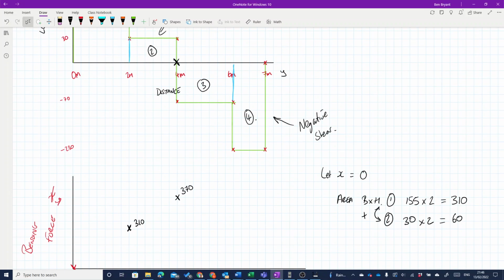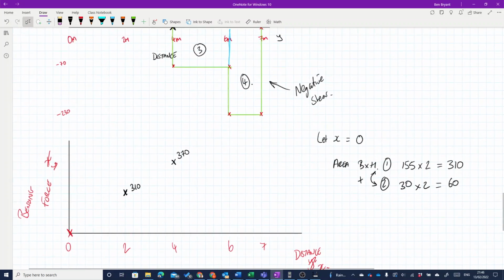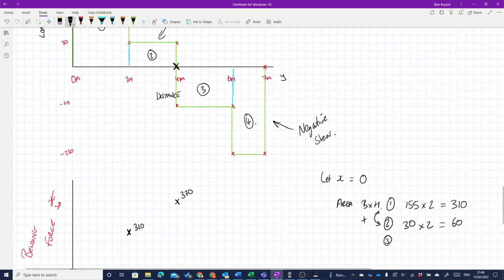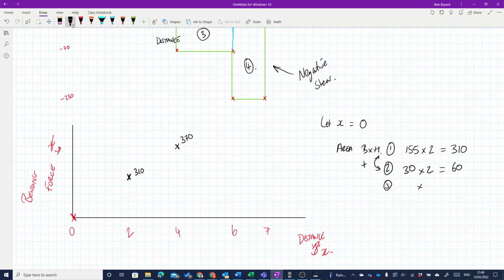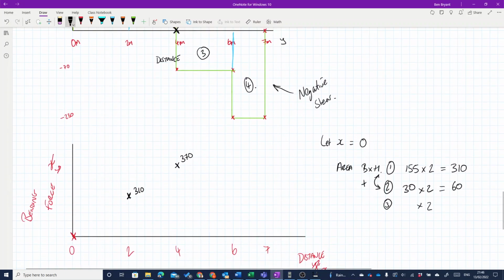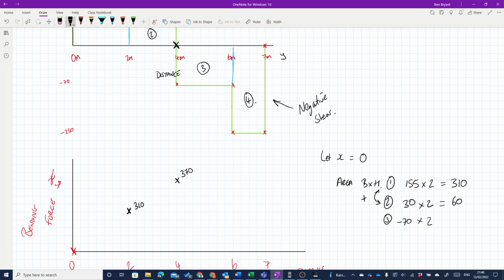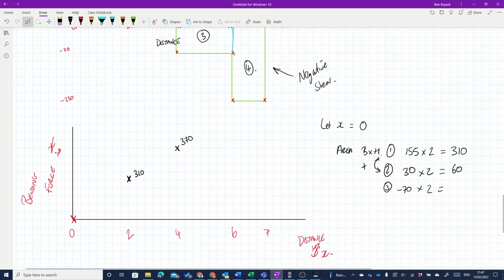Now this is where we come from positive shear into negative. For area 3, we go from 4 to 6, which is still times 2. This time we're coming down, minus 70. So minus 70 times 2 is minus 140. Again, add 2 and 3 together, so at 6, we're coming down to 230.